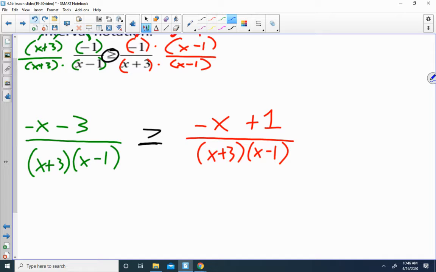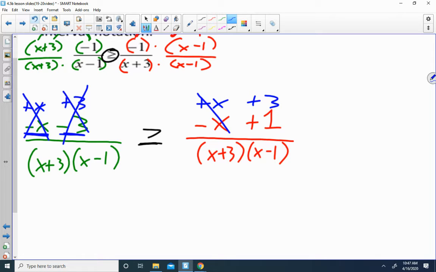So I'm first going to take care of this minus x, and I'm going to add it to both sides. So in other words, this x will cancel, and when you combine these two x's, those will cancel as well. Okay, all the x's are gone there. Now I'm going to take care of this minus 3. I'm going to add it to both sides so that the 3's cancel on this side.